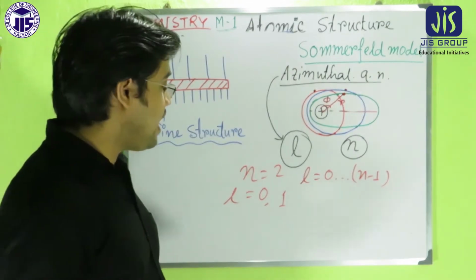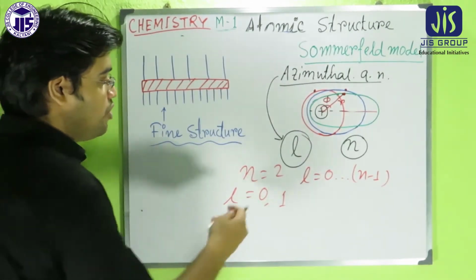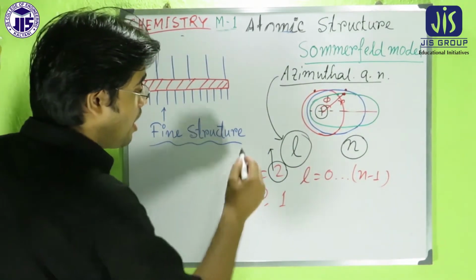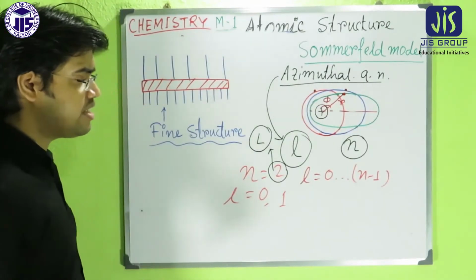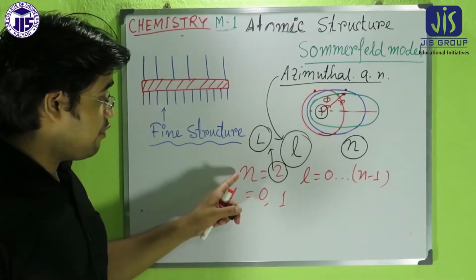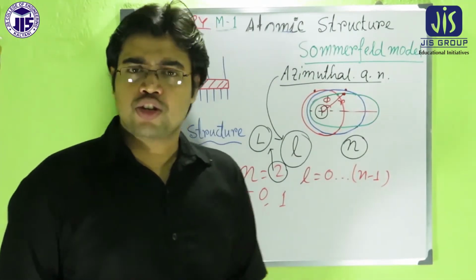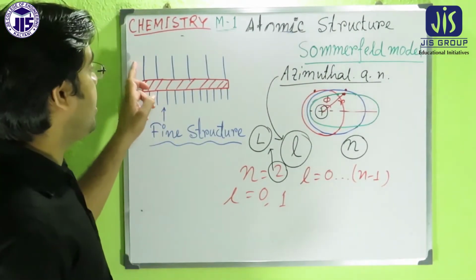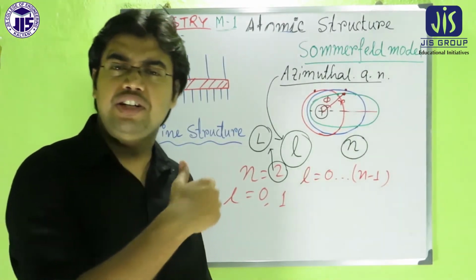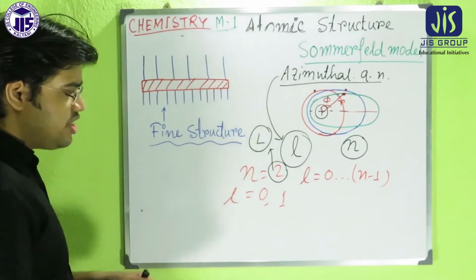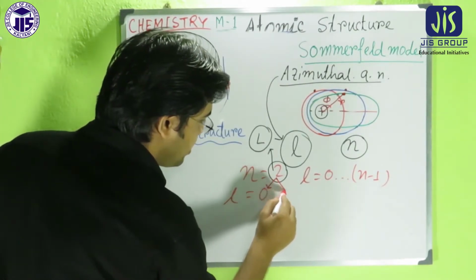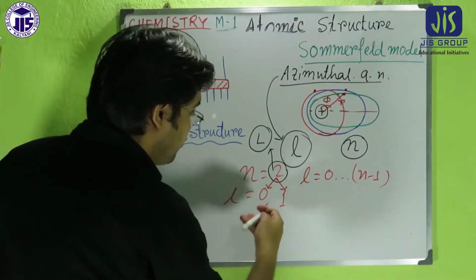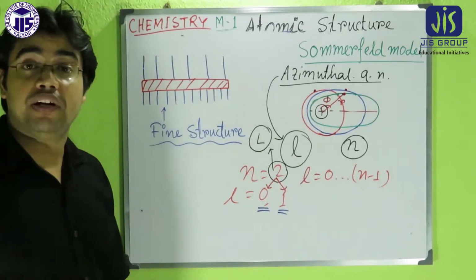Now, we already discussed the meaning of the 2: it means a particular shell or orbit, named by the letter L. For n equal to 1, that was K, and for n equal to 2, that was L. So if there is one line generated for that particular energy level, it is expected to be split into two lines, because 0 and 1 are the subshells of that shell.